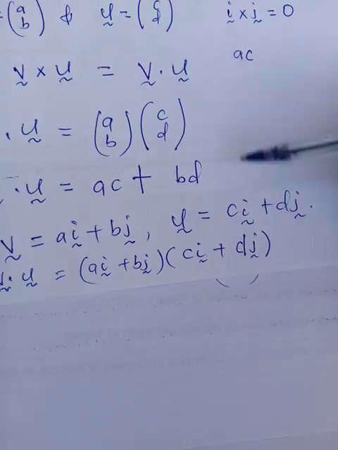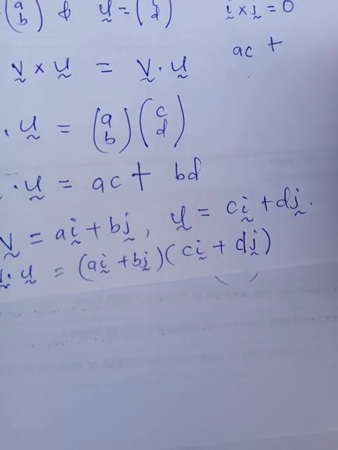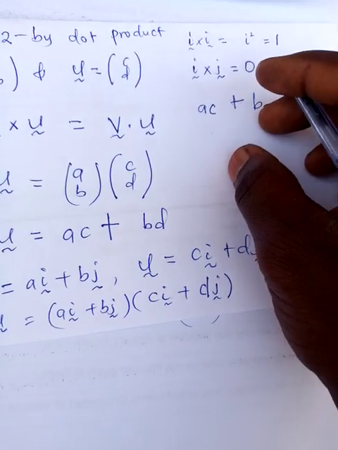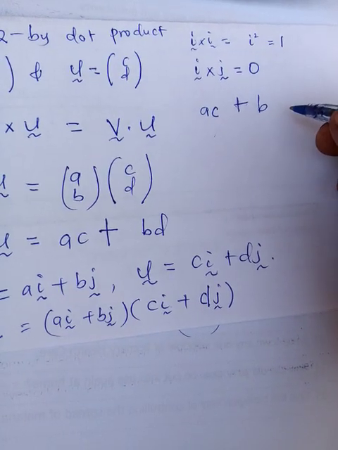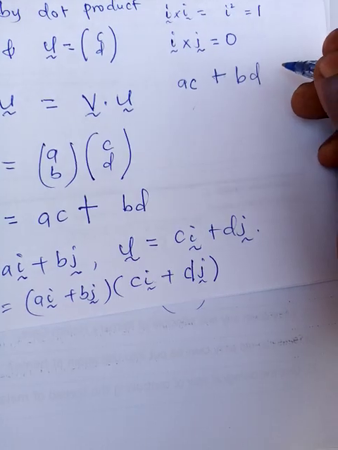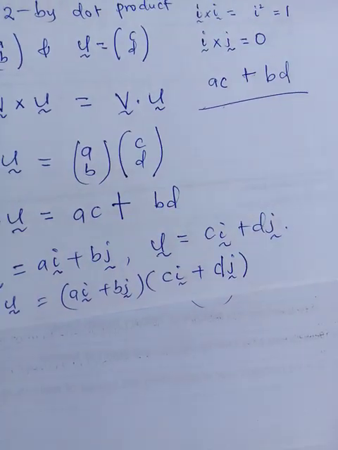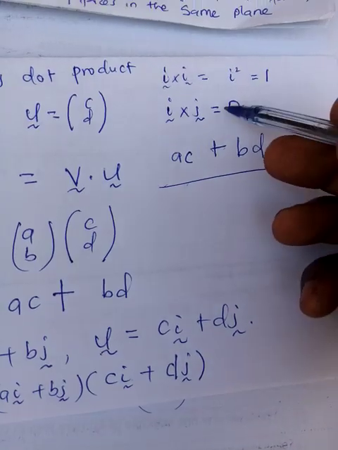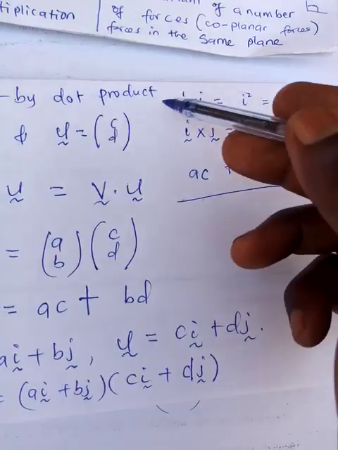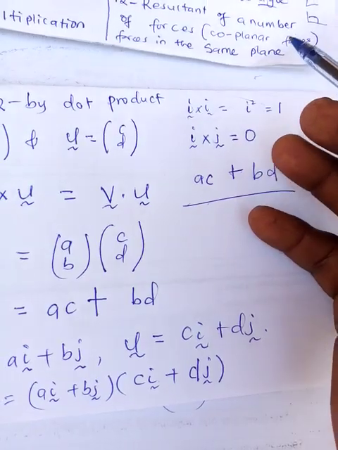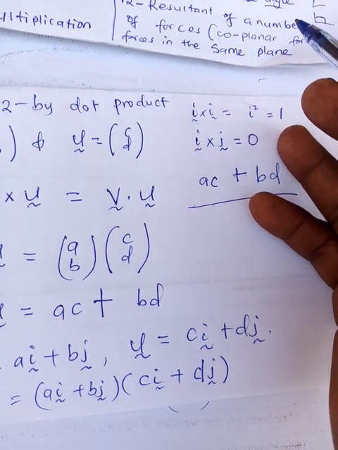This one multiplied with this, so plus bd. Simple as that. That is the answer. So don't forget this. This one is a very, very important concept.